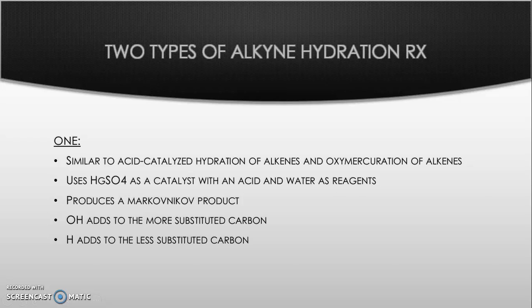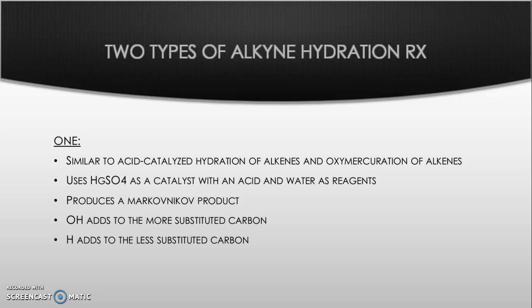So let's dive into our two types of reactions. The first one, I like to think of this alkyne hydration reaction as being very similar to an acid-catalyzed hydration and the oxymercuration of alkenes. So if you can recall back to when you learned that and the specific mechanism, it is represented almost exactly in this alkyne hydration reaction.